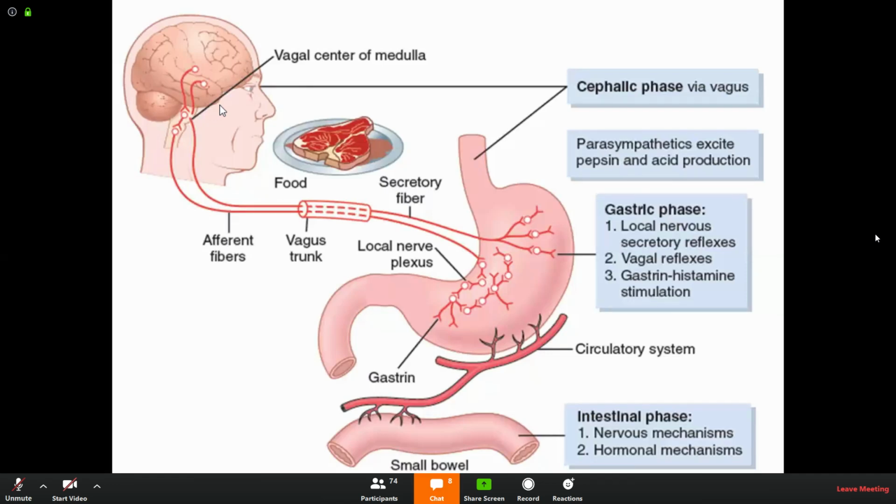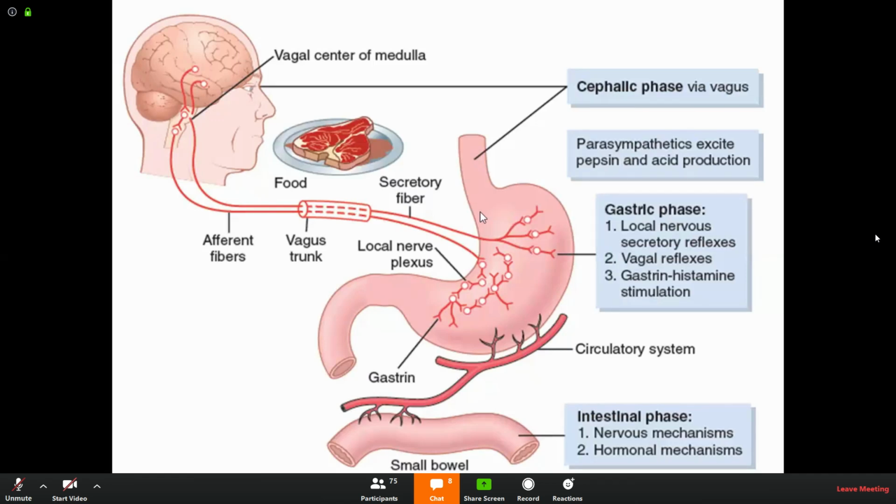So mainly there are three phases of gastric secretion. One is the cephalic phase: due to the sight, smell, thought, and taste of the food, gastric juice is secreted in the stomach.